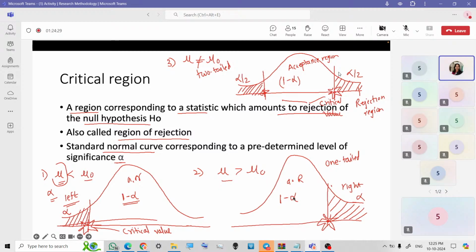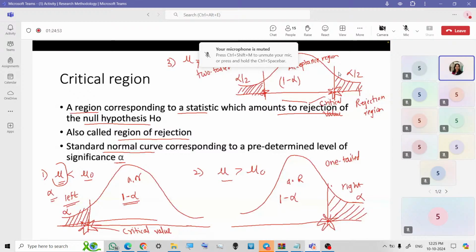Similarly, if I have a statistic saying it is less than or greater than, then I have a critical region described in both sections, left as well as right, equally distributed. So alpha by 2 on the left side, alpha by 2 on the right side, and the critical values will be negative and positive.